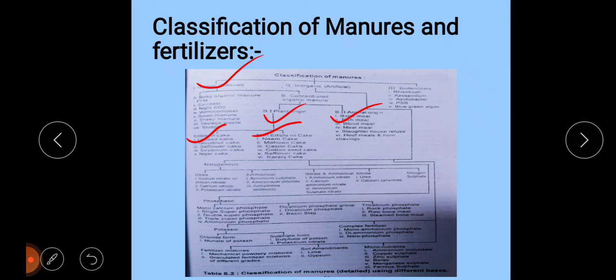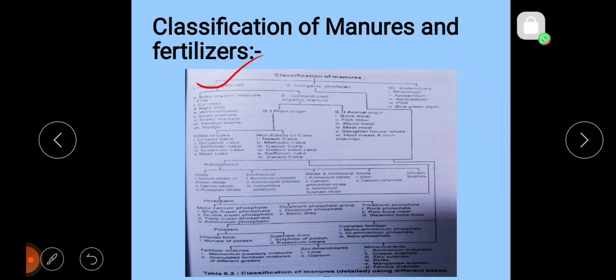Some of the non edible oil cakes also contain certain major plant nutrients: neem cake, mahua cake, castor cake, cotton seed and safflower cake, and also karanj cake. So these are the different edible and non edible cakes we can use as organic manure for nutrient source.